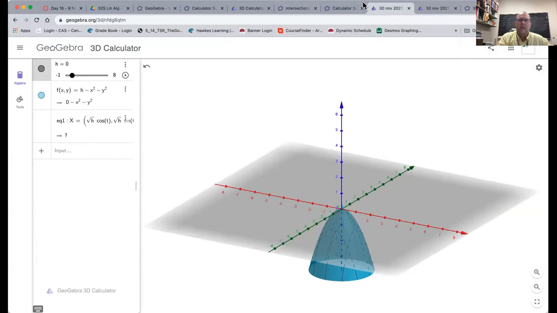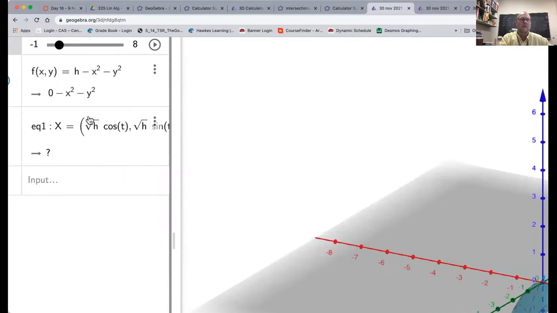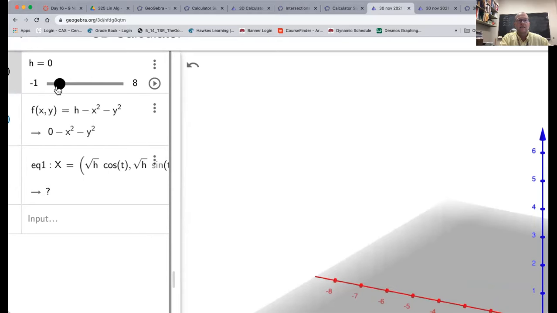Sorry. That h is going to be a number, but it's not a number that's just like sitting there like 4. So what I've done on GeoGebra here is I made a slider with the h values going like from -1 to 8, because I figured that'd be good enough to give us the idea.